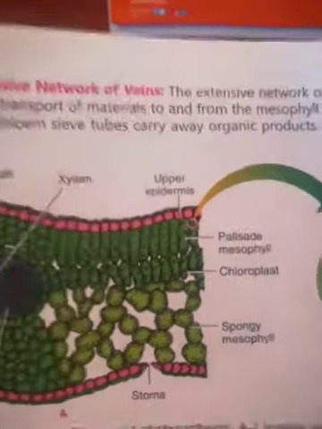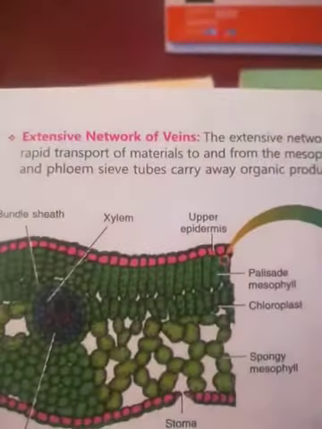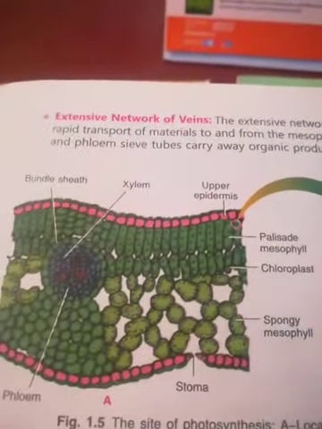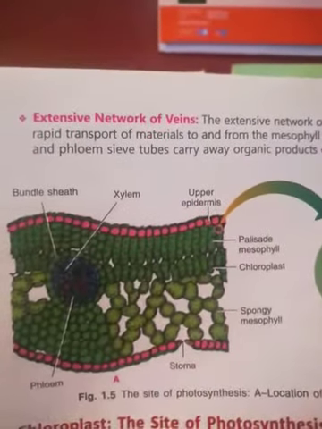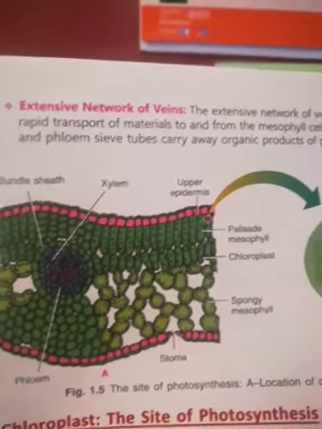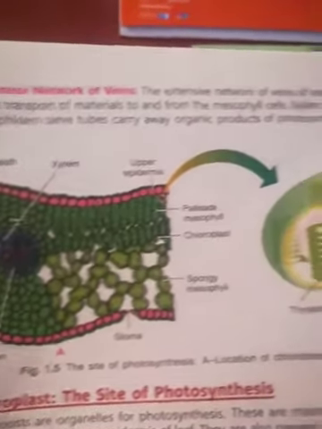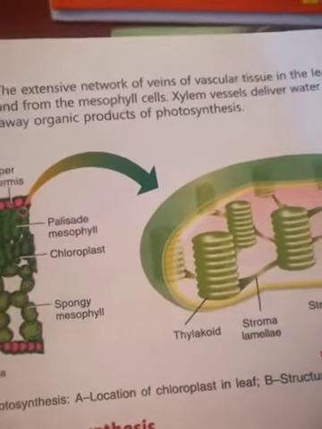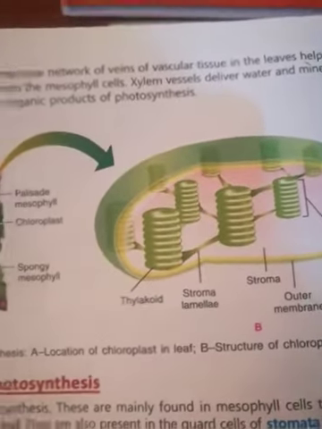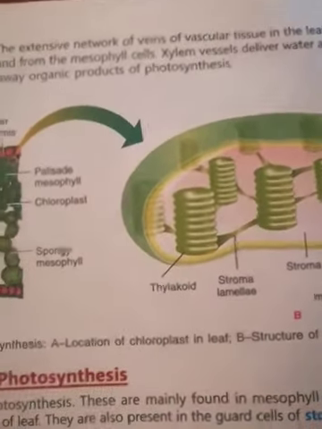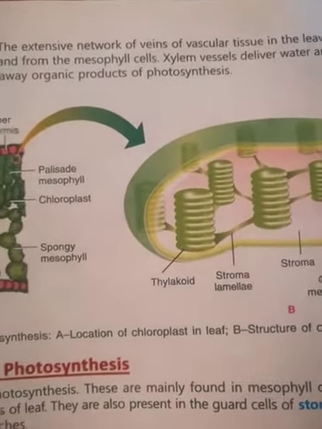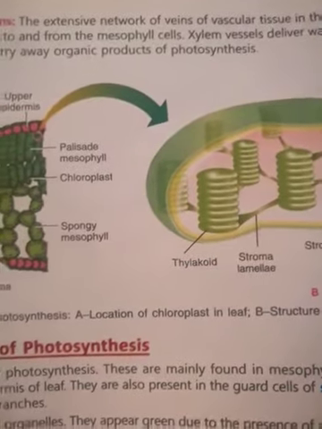Extensive network of veins. The extensive network of veins is vascular tissue, like xylem and phloem, which help in transporting minerals, water as well as food.